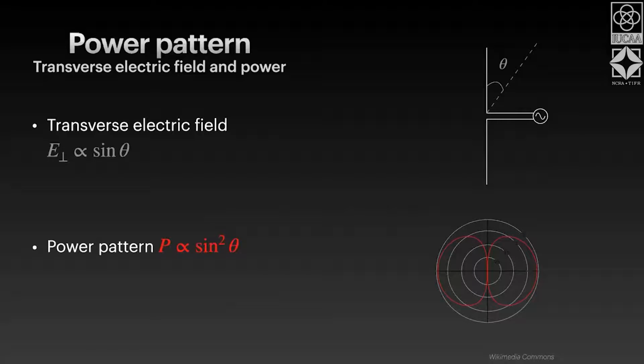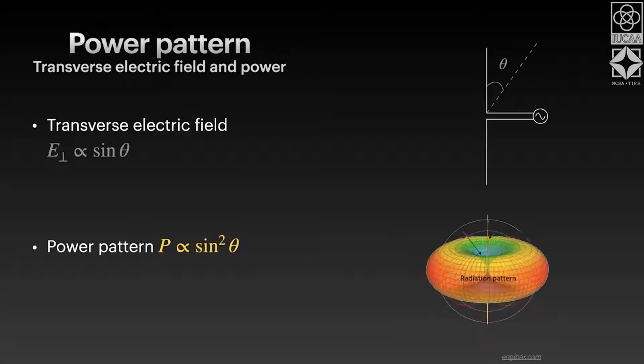If theta is the angle defined with respect to the axis, then the transverse electric field is proportional to sine theta, and the power pattern, obtained by squaring the electric field, is sine squared theta. The distribution is what you see in the bottom figure, a polar plot of sine squared theta. In three dimensions, it would form a symmetric torus.